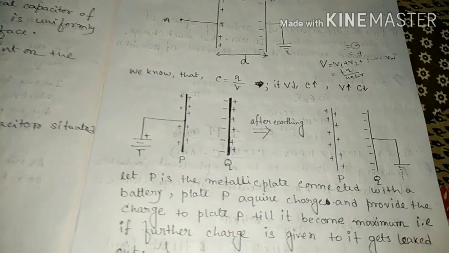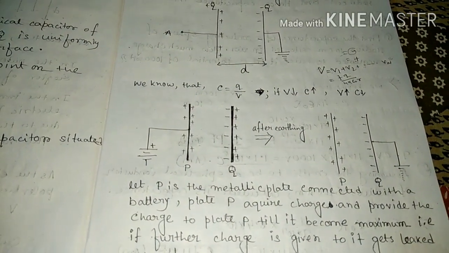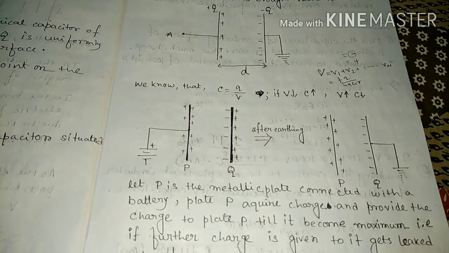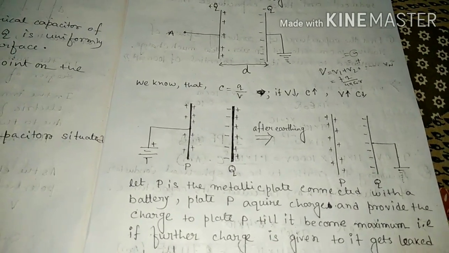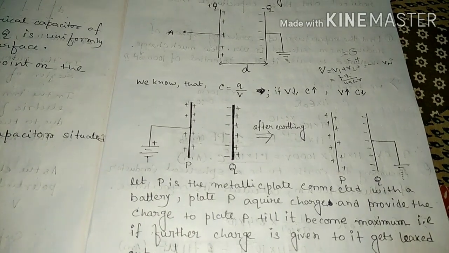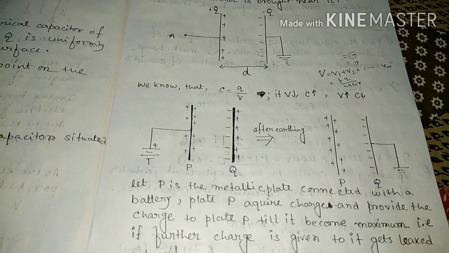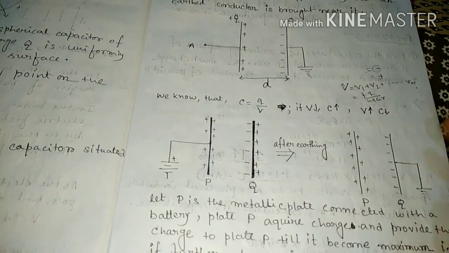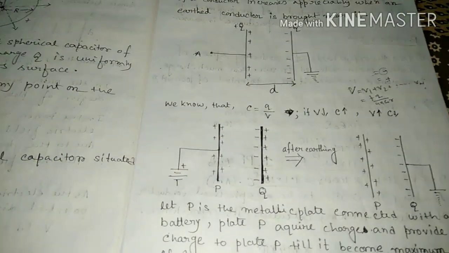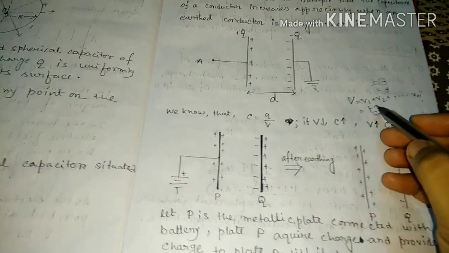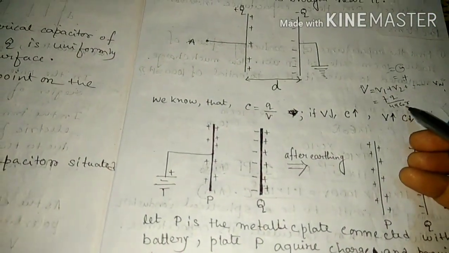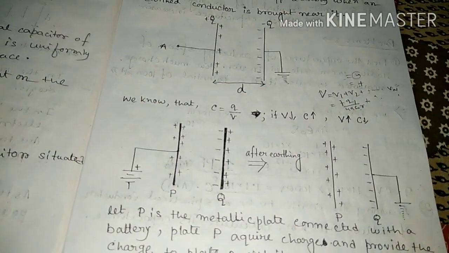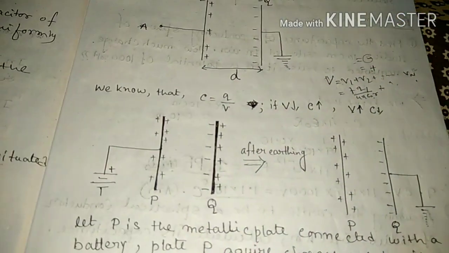Understood? Once again I repeat my point. The total potential, if many conductors are there, across each conductor one potential drop is there. So the net potential V equals V1 plus V2 up to Vn. If the conductor has positive charge, we write plus Q1 plus Q2 by 4 pi epsilon naught R, and so on.